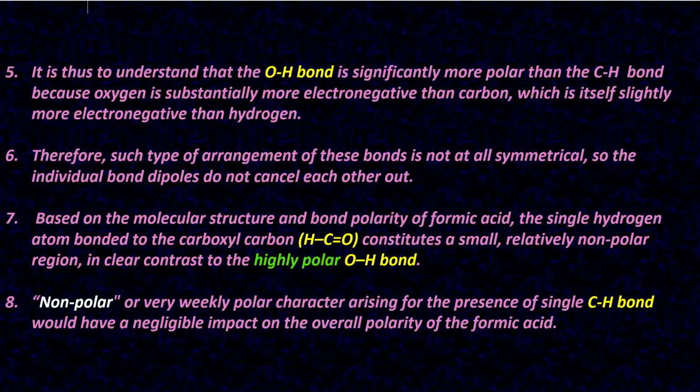Based on the molecular structure and bond polarity of formic acid, the single hydrogen atom bonded to the carboxyl carbon constitutes a small, relatively nonpolar region, in clear contrast to the highly polar OH bonds.